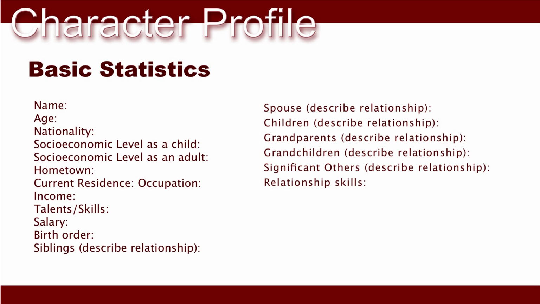These elements consist of name, age, nationality, socioeconomic level as a child and as an adult, hometown, current residence, income, talent or skills, salary, birth order, siblings, spouse, children, grandparents, grandchildren, significant other, and relationship skills.